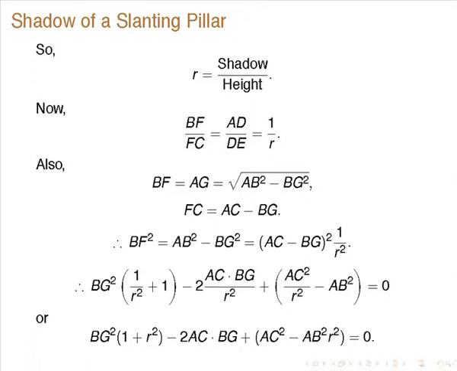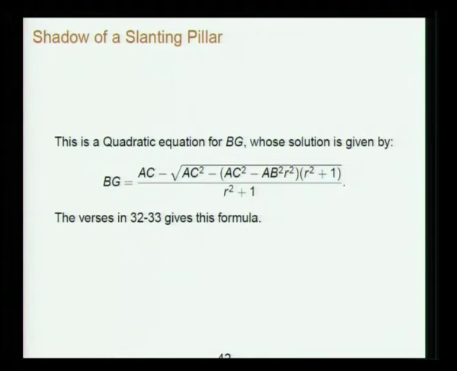From this, finally you get this whole squared into 1 by R squared. So essentially what you get is a quadratic equation for BG, and the solution is given by AC minus this kind of a thing. So you can find out the slant also.